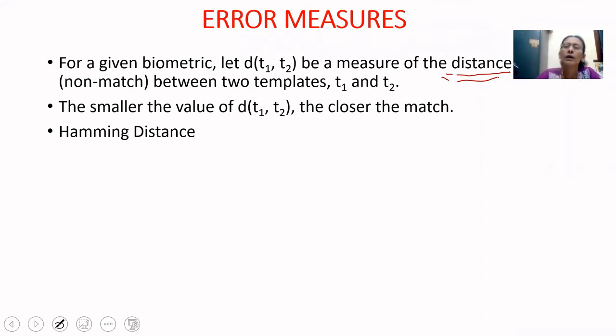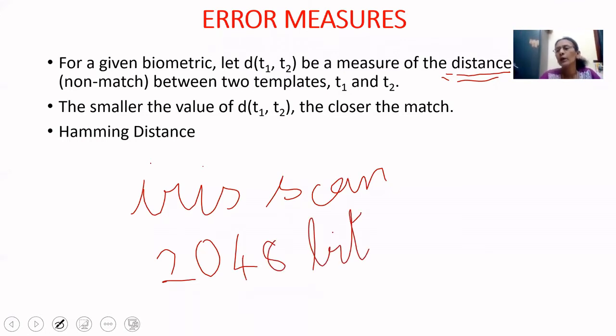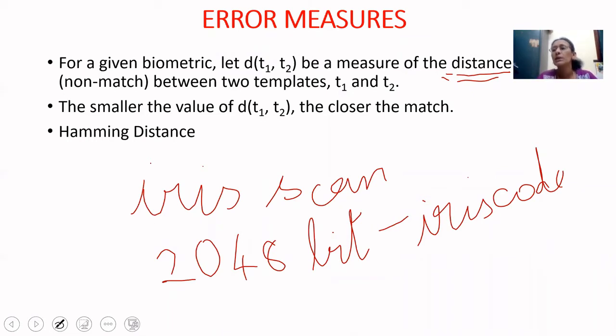Now how do you find the difference? You have different means. For example, if you take an iris scan, the scanning, whatever you do, is finally brought down to a 2048-bit string, which we call the iris code. The iris code is nothing but a 2048-bit string, that means it consists of 2048 zeros and ones.